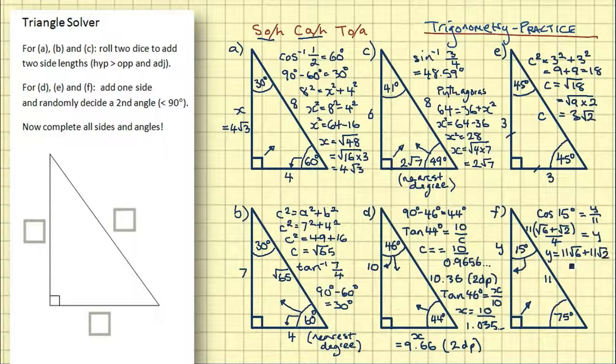But it won't simplify any further because root 6 doesn't have a square that I could pull out. Root 2 certainly doesn't. So my answer is that y is 11 root 6 plus 11 root 2 divided by 4. Now you might want to convert that to decimals, which would sort of look a bit more sensible.